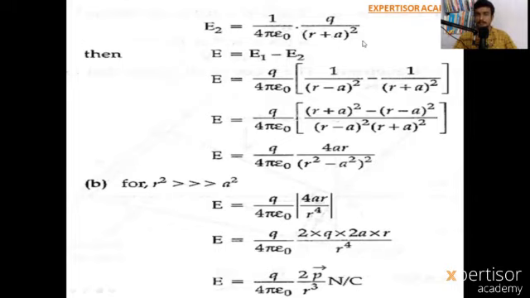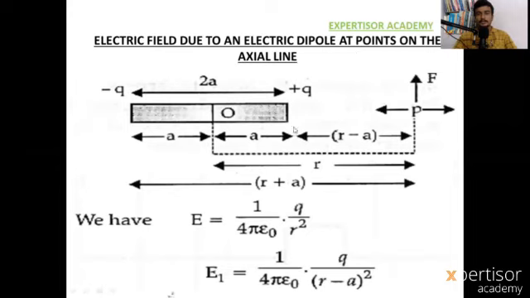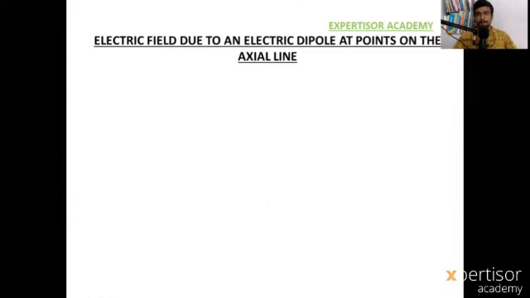So why did we enter R plus A, before R minus A? R minus A is the distance between the positive charge and point P. R plus A is the distance between minus Q and point P. So that's why we entered R minus A and R plus A.